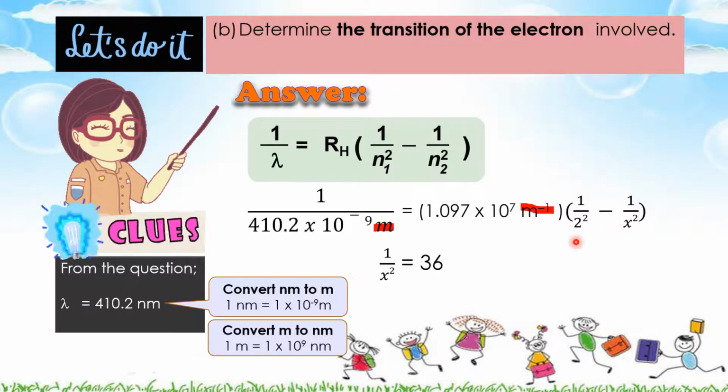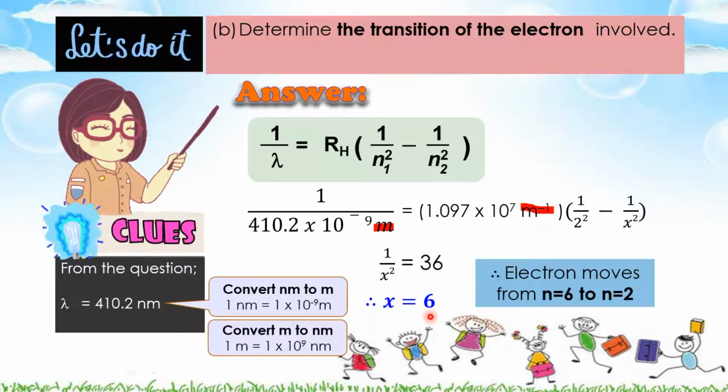From here we find that 1 over x squared equals 1 over 36. So you calculate 1 over 36 and then take the square root, and you get x equals 6. So the electron moves from n equals to 6 to n equals to 2.